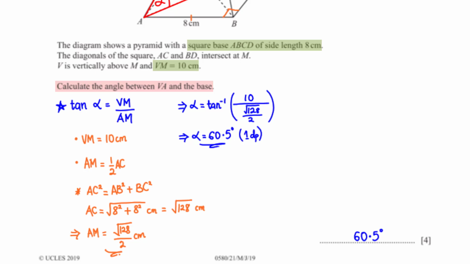So let's place the values back into the original equation to find alpha. So we have alpha is equal to tan inverse of 10 divided by square root 128 divided by 2. When we type this into the calculator, we get alpha as 60.5 degrees, correct to 1 decimal place.